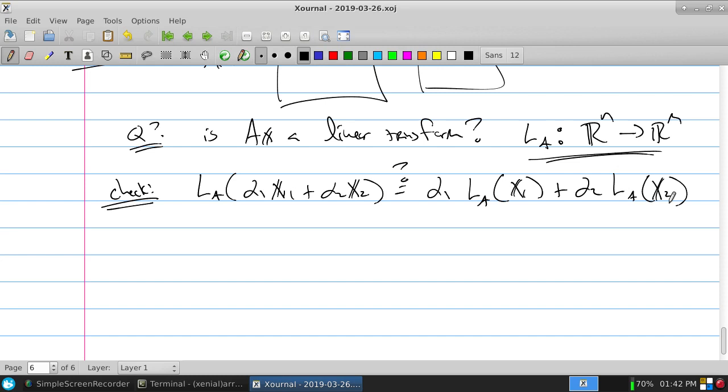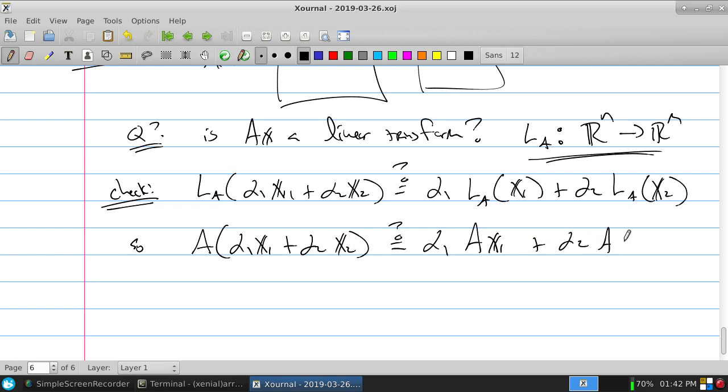I multiply by this matrix A. So I'm taking A and multiplying by alpha 1, x1 plus alpha 2, x2. Well, is this going to be equal to alpha 1 times A, x1 plus alpha 2, A, x2? Because that's how the transform happens. It just simply says multiply by A.